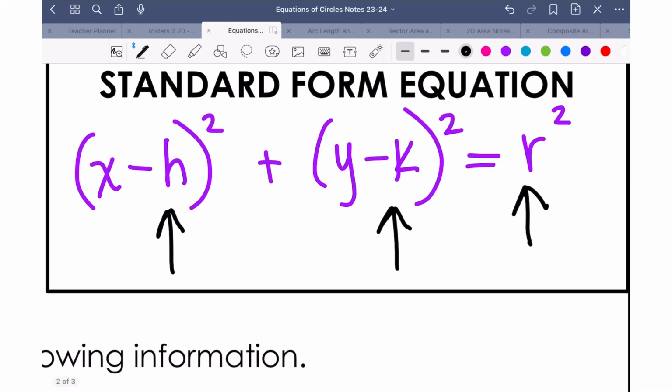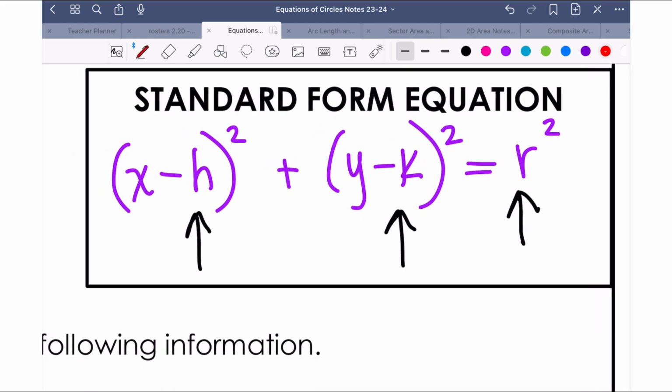Now, here's a little side note remark that I need you to write down. Out of h, k, and r, the radius, h and k have negatives here, okay? These are the ones you need to be careful with. So we're going to write a little remark. Because when you have two negatives, what does that equal? Two negatives equals a positive.